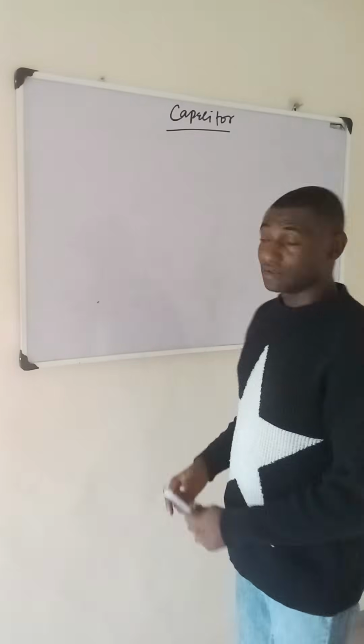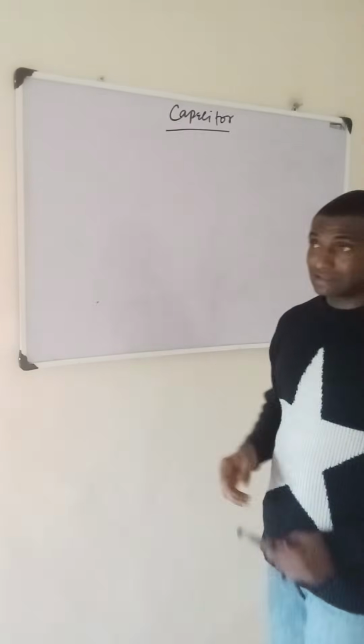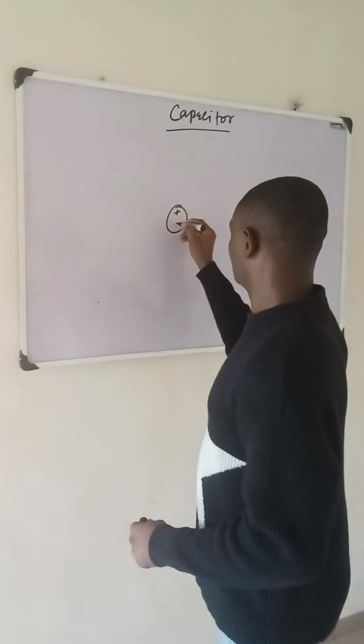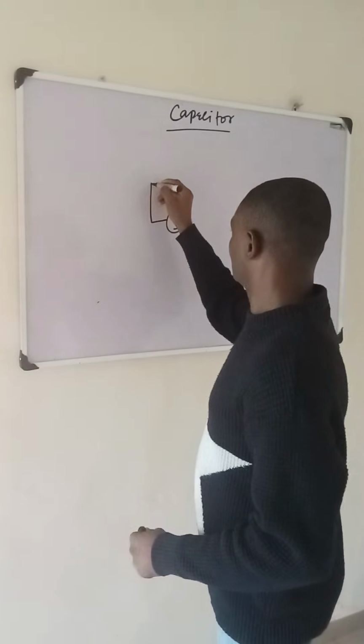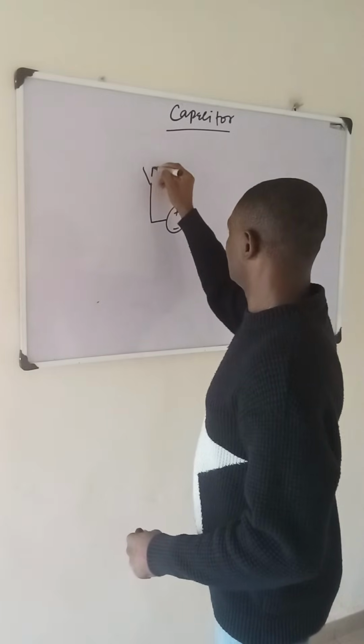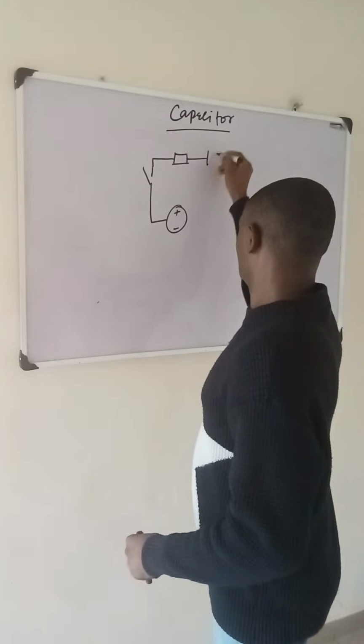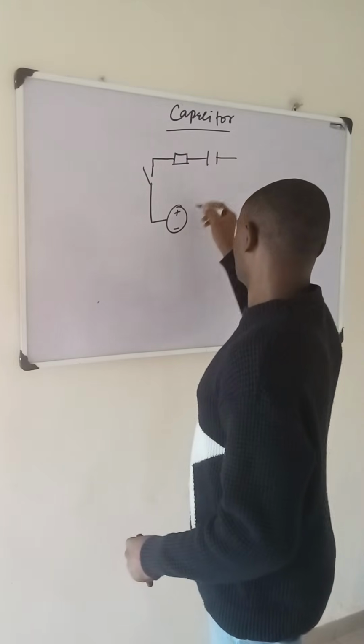So we are going to look at a simple circuit. Let us take this as a voltage source, this as a key, this is a resistor, and a capacitor there.